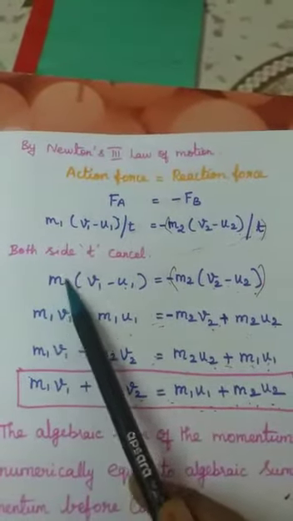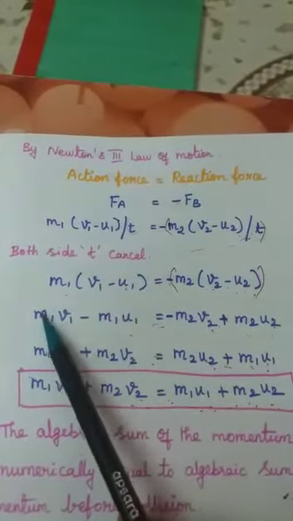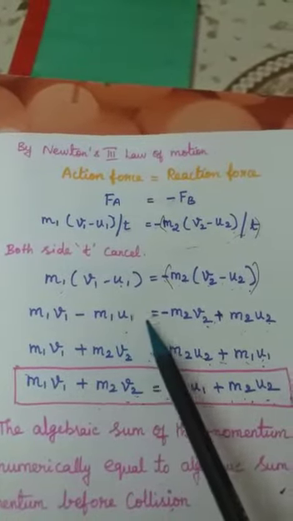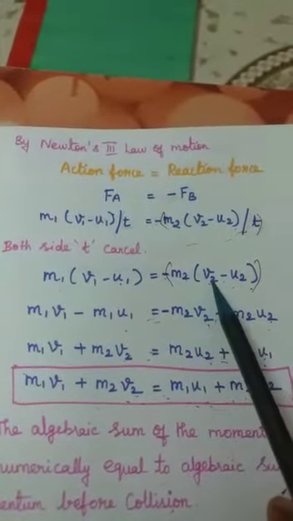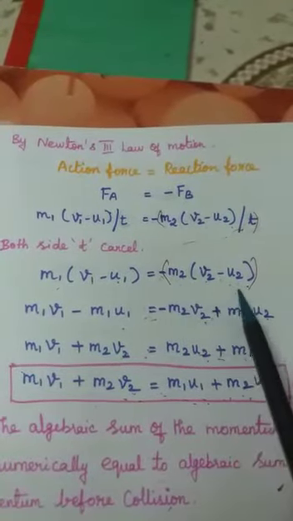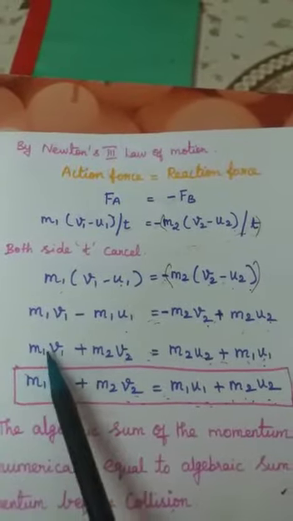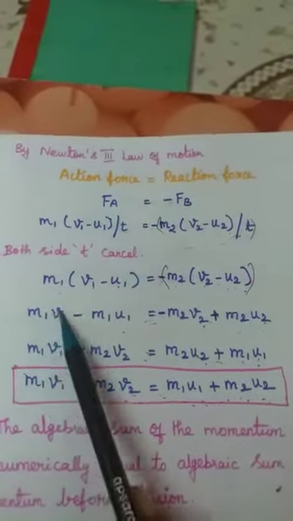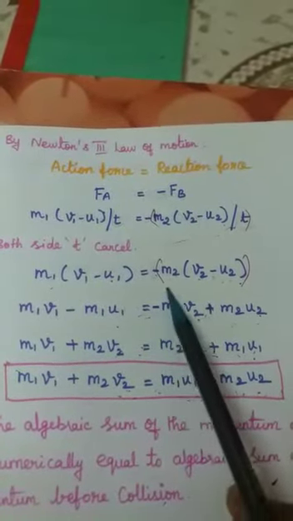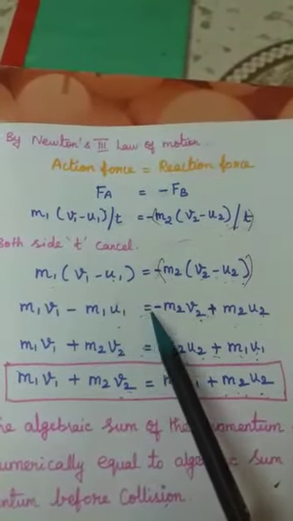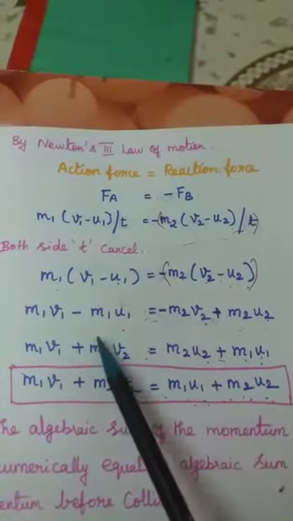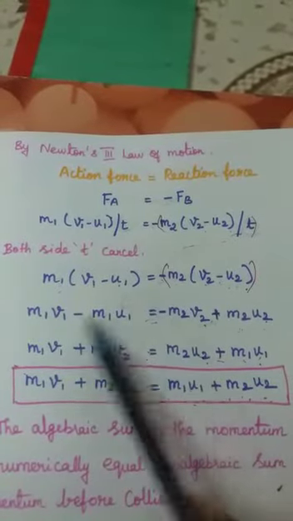Now we multiply m1 into both terms, that is m1 v1 minus m1 u1 is equal to minus m2 v2, and minus into minus gives plus m2 u2. Just interchanging, the minus m2 v2 comes to this side, and the negative sign changes into plus.